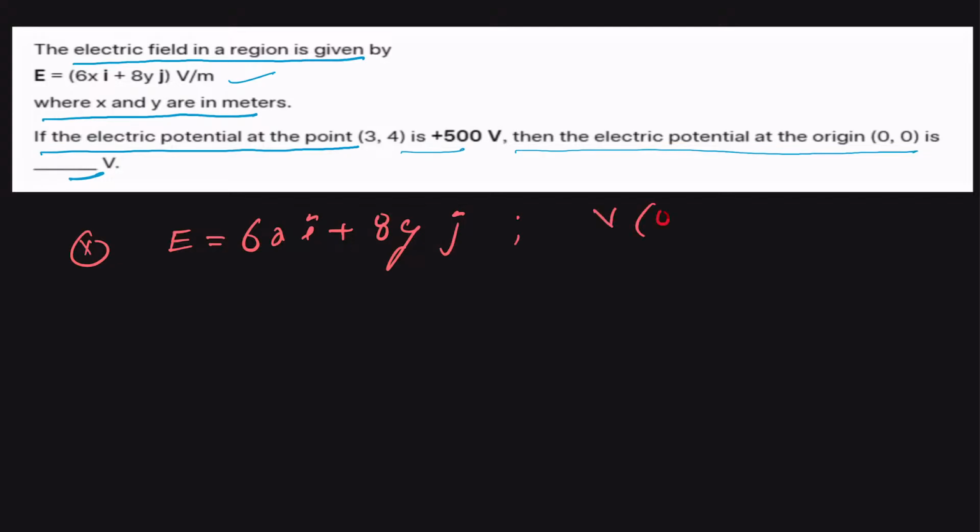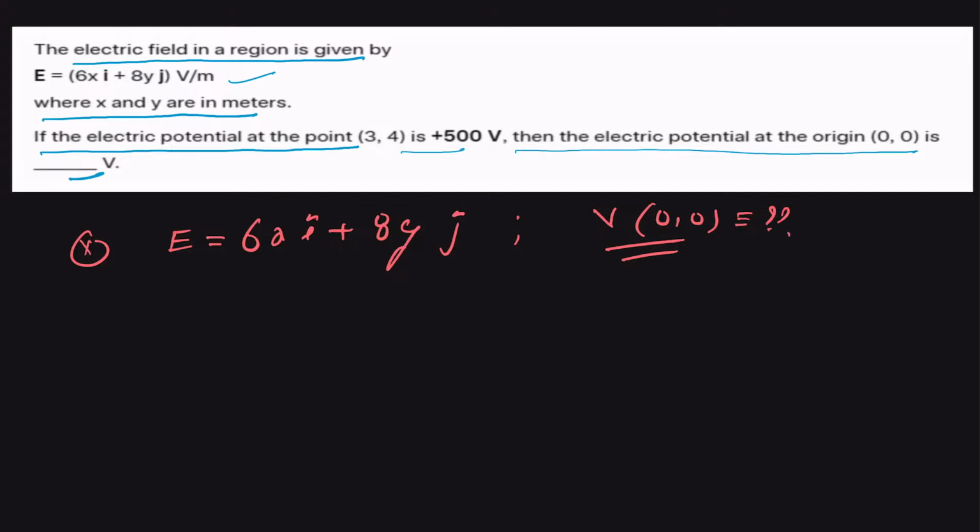So we are given the equation, and so we are given that electric field is equal to 6xi plus 8yj, and we want to find out the potential at the origin. This is our requirement.